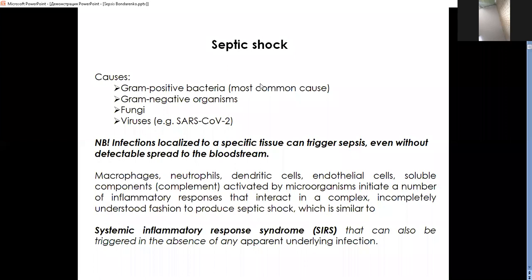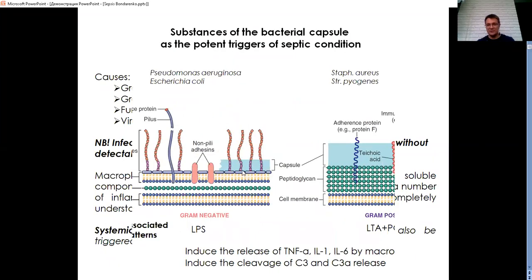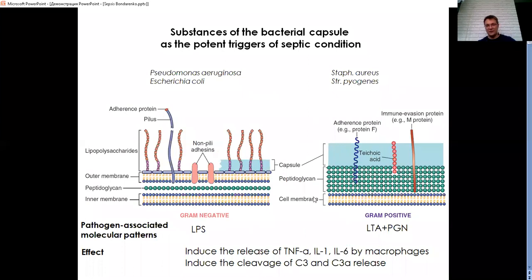In the pre-antibiotic era, the most frequent cause of sepsis was gram-positive bacteria, which developed the vast majority of sepsis incidents.